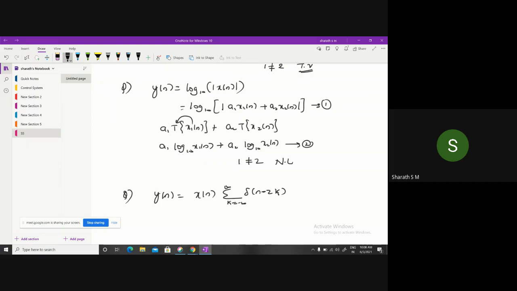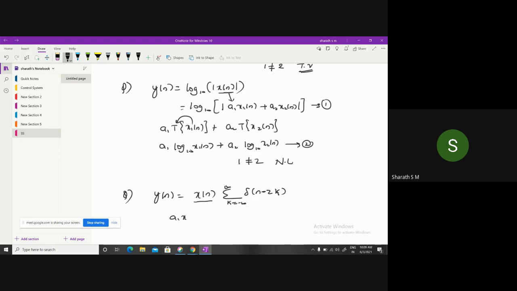So first, wherever we have an input term, write down that as a1 x1 of n plus a2 x2 of n. Just look at the previous problem here. We have log of x of n. So wherever we have x of n, write down that as a1 x1 of n plus a2 x2 of n. In the same way here we have x of n.